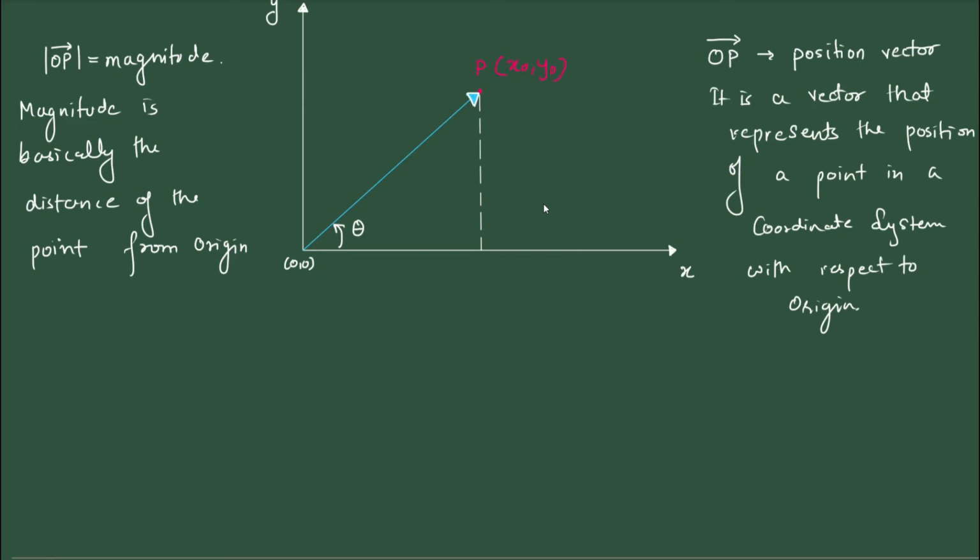Now this vertical axis is y0 as we know it, and this horizontal axis is x0. Suppose this is a right angle triangle.